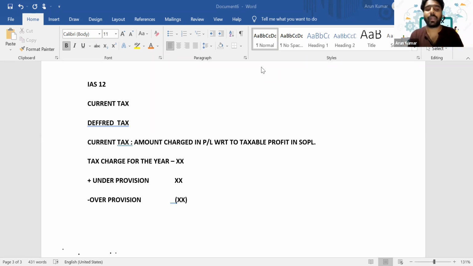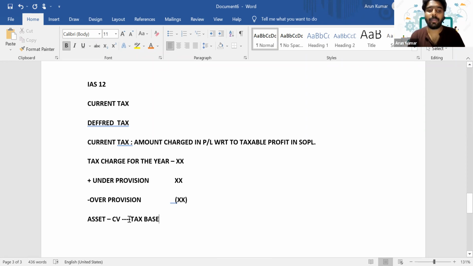So as a result, there will be a difference, for this asset, between the carrying amount of this machinery in my books and the amount considered by the tax authority for tax purposes, that is known as the tax base. Okay. And if we compare these two figures, there is a difference because we have charged the depreciation over a period of 10 years.